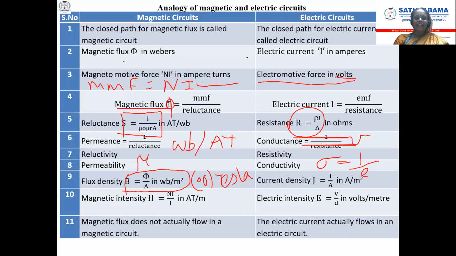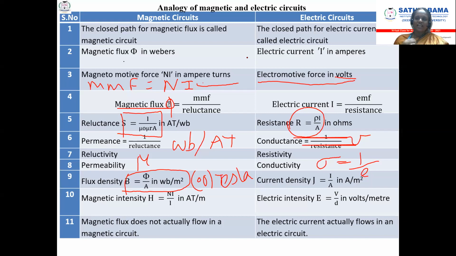Okay, magnetic flux does not actually flow in a magnetic circuit. Actually we say closed path, it is one imaginary line. We can know the force that will be exerted where the magnetic field is there.